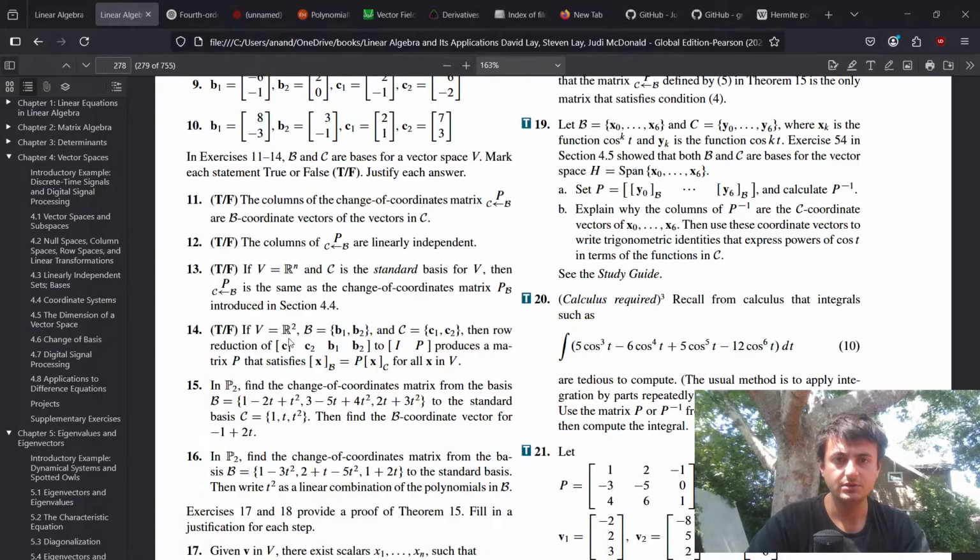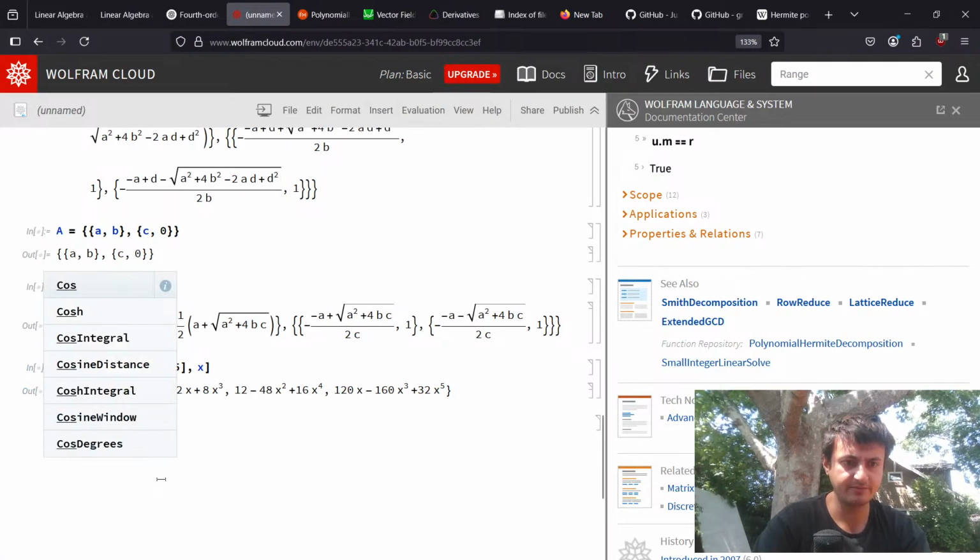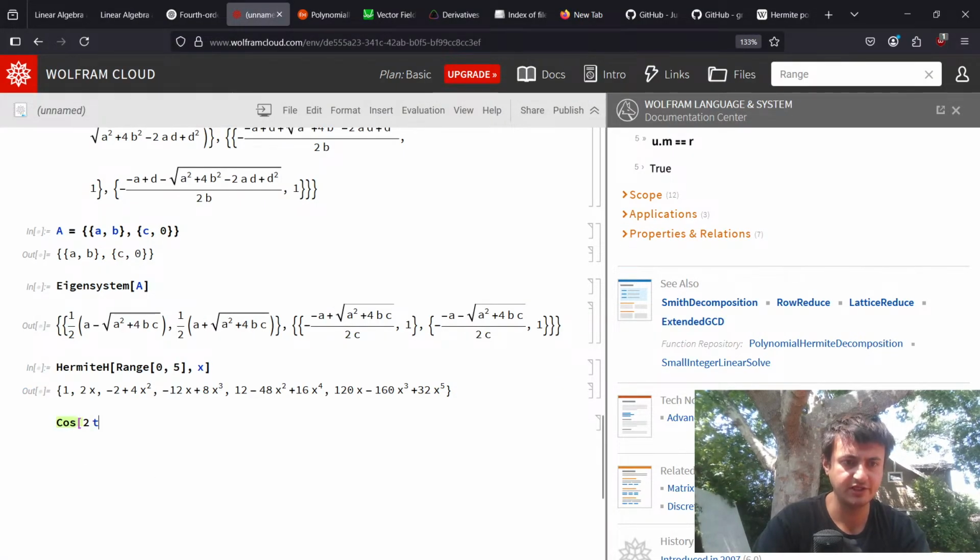So let me try this. We're just going to try to make the equation. We have cos 2t is equal to, and this is going to be like, how do we do a linear combination?